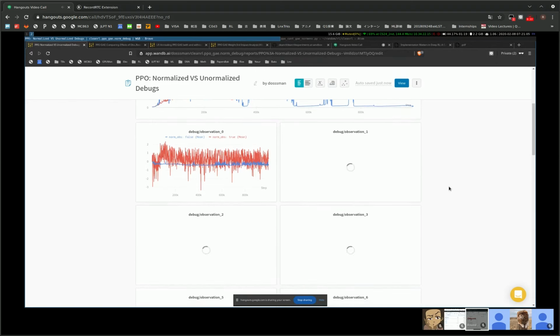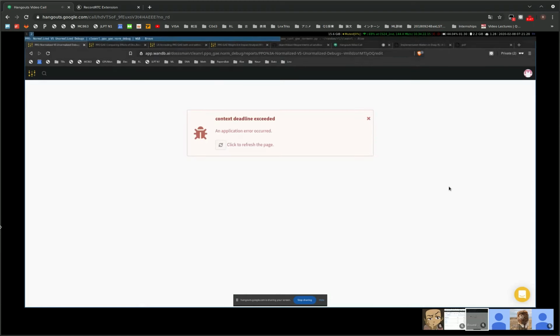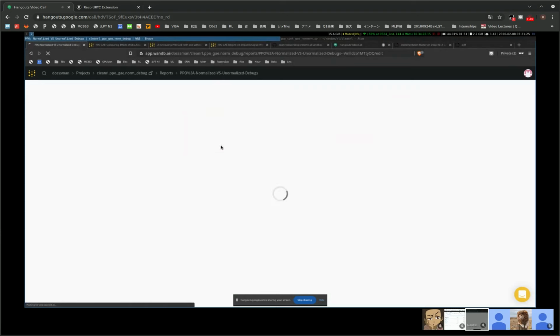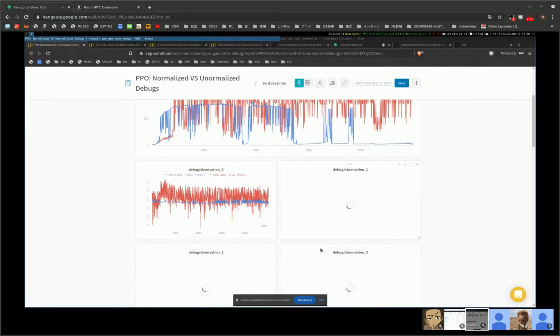So here there is already something I found weird: the default observation is actually quite stable, well behaved, and the normalized one becomes way more spread out, with a wider range. I do not know if this was the command one.